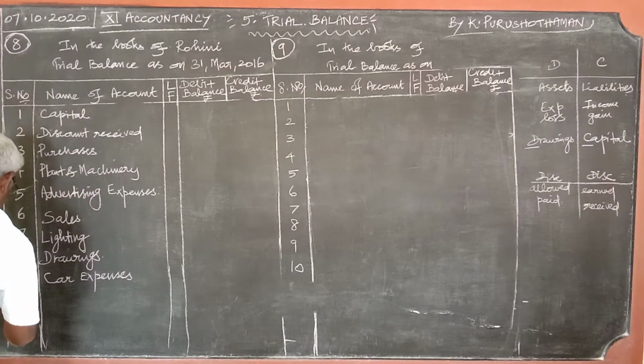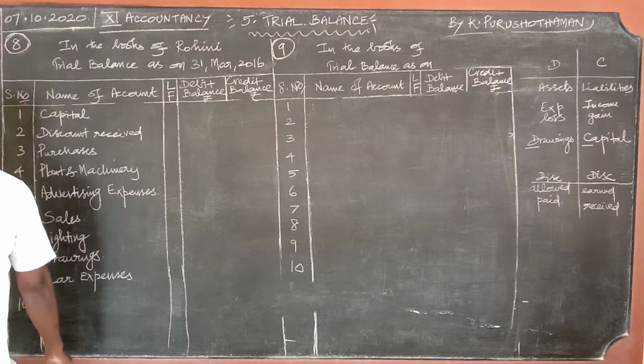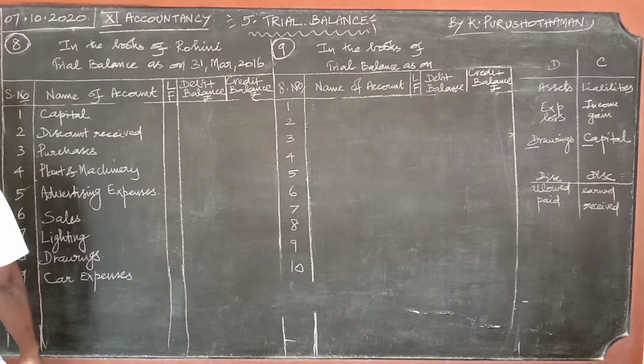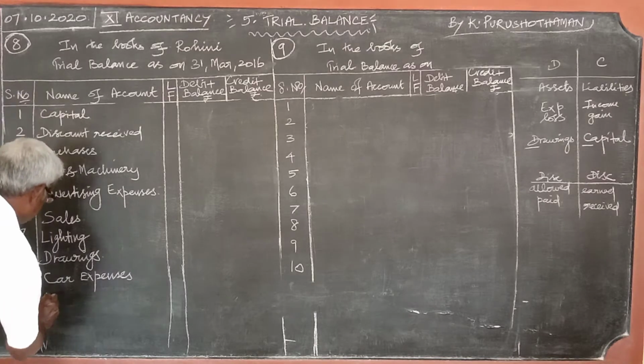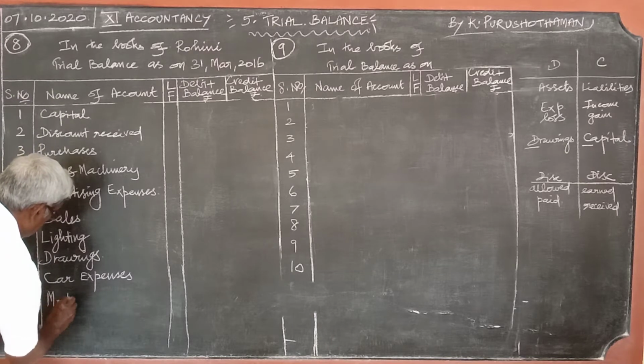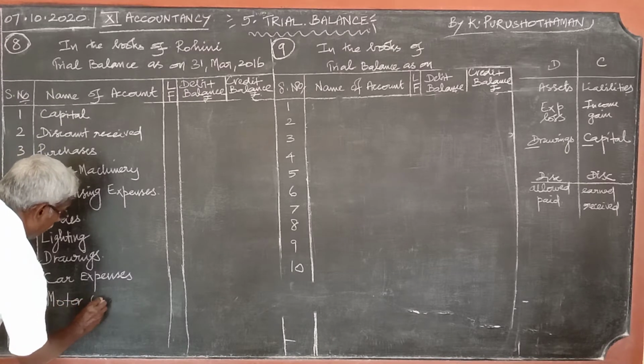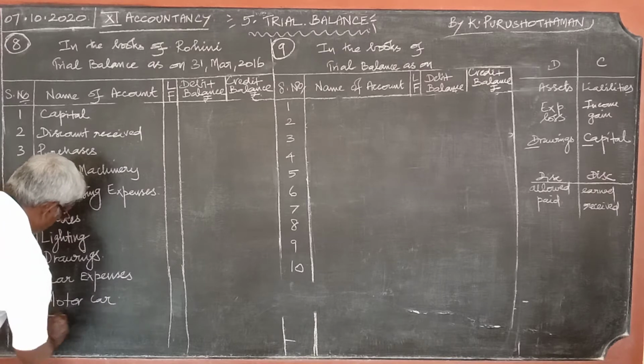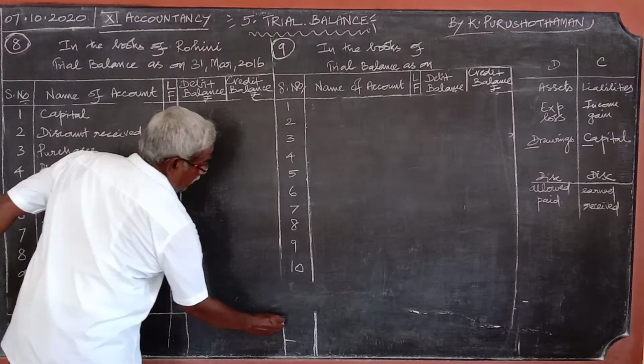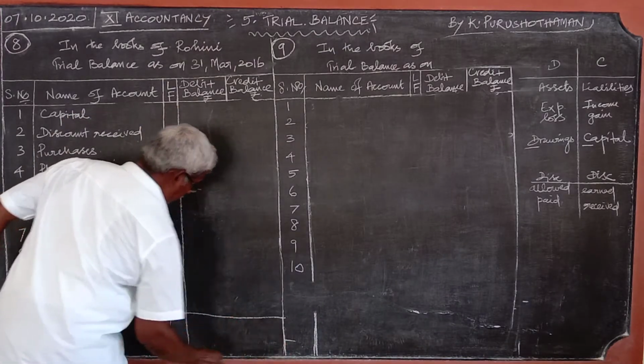Then there is one more item, 10th item, motor car. So with this, we should find the total.